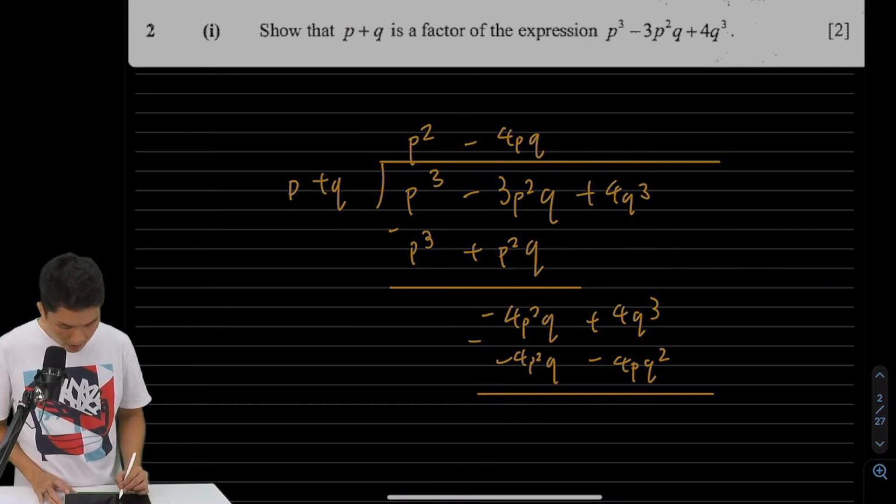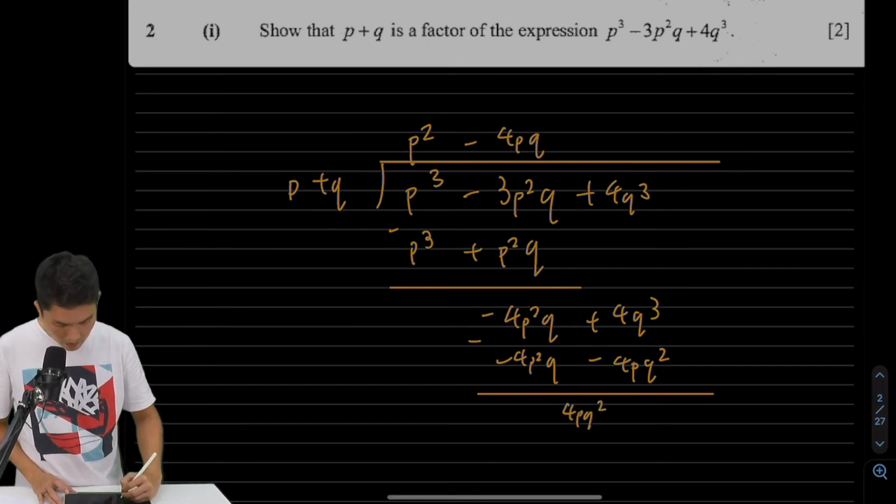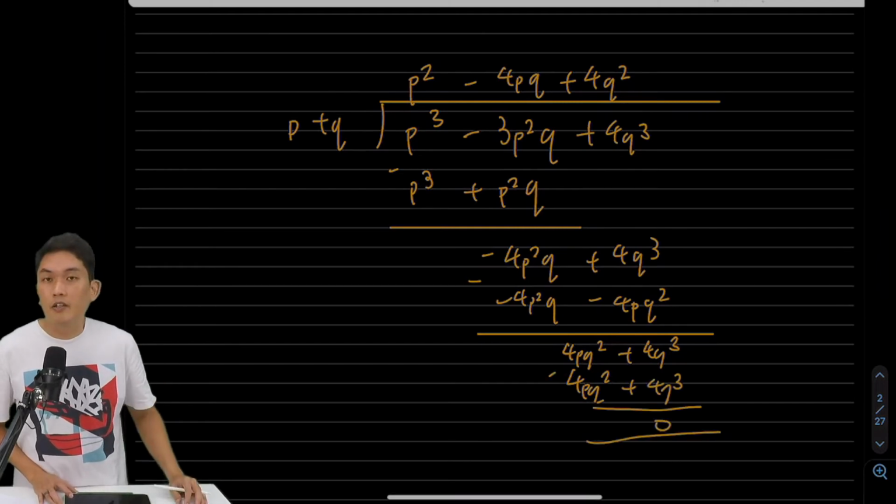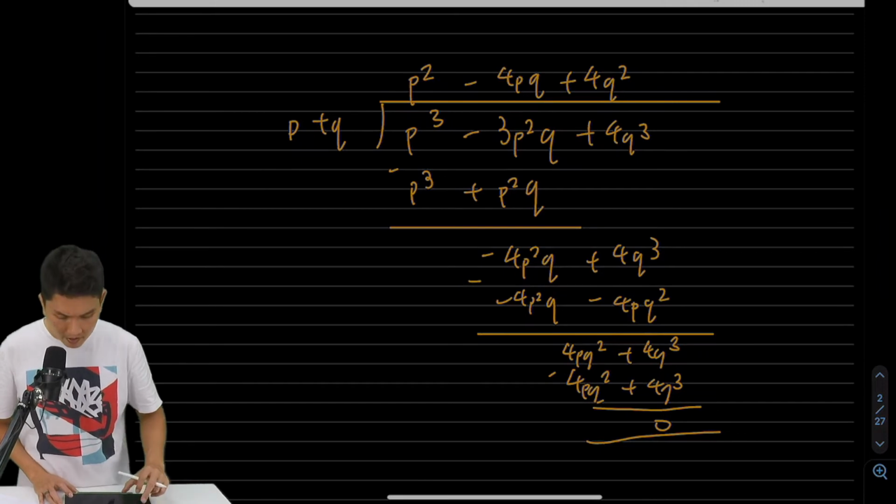But what's interesting is that I have a minus negative 4pq squared, so there's a positive 4pq squared, and plus a 4q cubed. Now I need to resolve this. I need to have a 4q squared here. That results in terms cancelling out very nicely with no remainder. And that is how I can prove that p plus q is a factor.